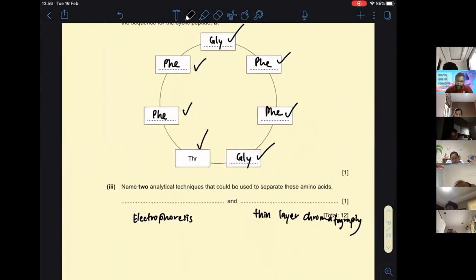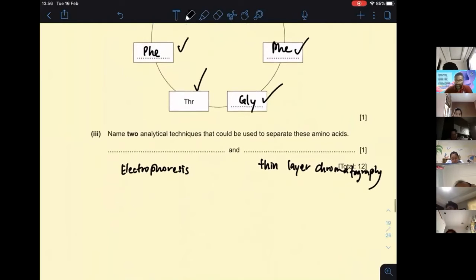Now, name 2 analytical techniques that can be used to separate amino acids. To separate amino acids, you must use electrophoresis. If you want to separate amino acids, you cannot ignore electrophoresis. And once you separate the amino acid, you can do further analysis using thin layer chromatography.